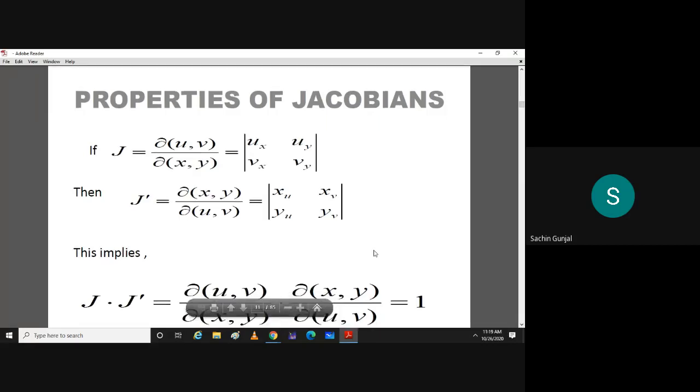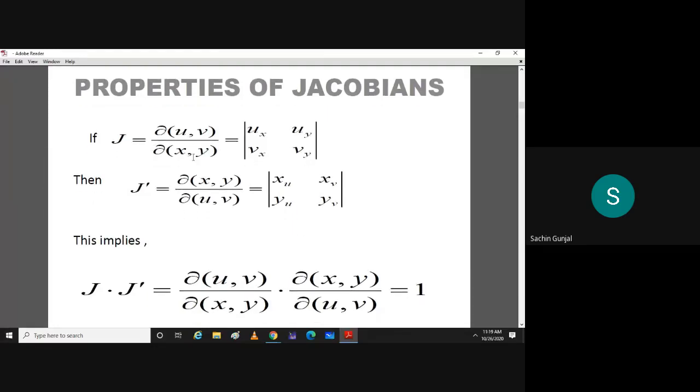Now, let us look at some properties of Jacobians. If we denote Jacobian of uv with respect to xy as j, then j prime or j dash is the reciprocal of it in some sense. That means Jacobian of xy with respect to uv. Then obviously j into j dash is 1, because those derivatives get cancelled and you will have 1.